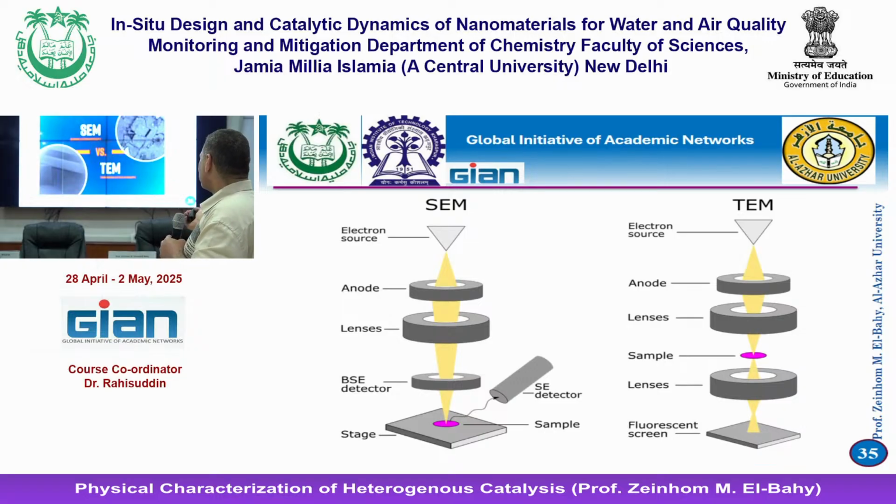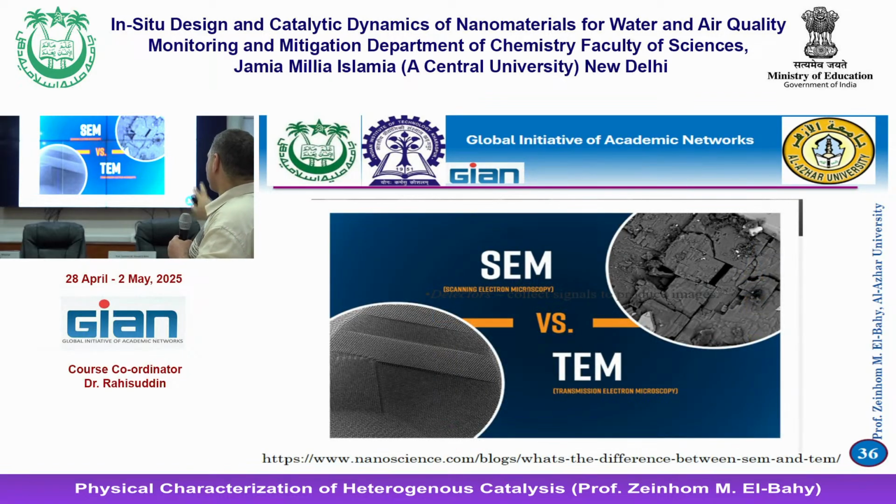These are TEM and SEM images. I'm sure you can see clearly that the SEM image detects the substance or the sample you add from the top. But in the case of TEM, it sees deep, it goes deep inside the sample, and you can detect. It's a very beautiful picture. That's why I present it here.